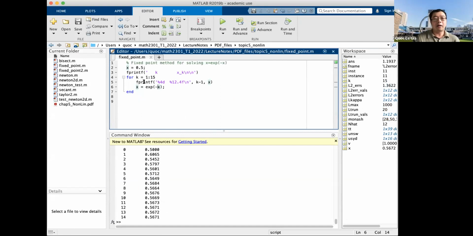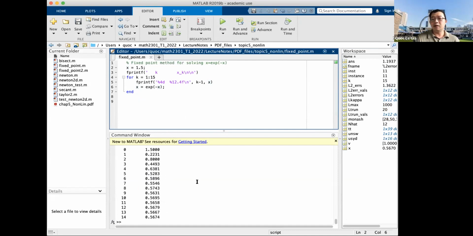Suppose I start at 0.5. Then I get 0.56 after 14 iterations. Now what happens if I put in 1.5 and run it? If I start at 1.5, it still goes to 0.56 something.